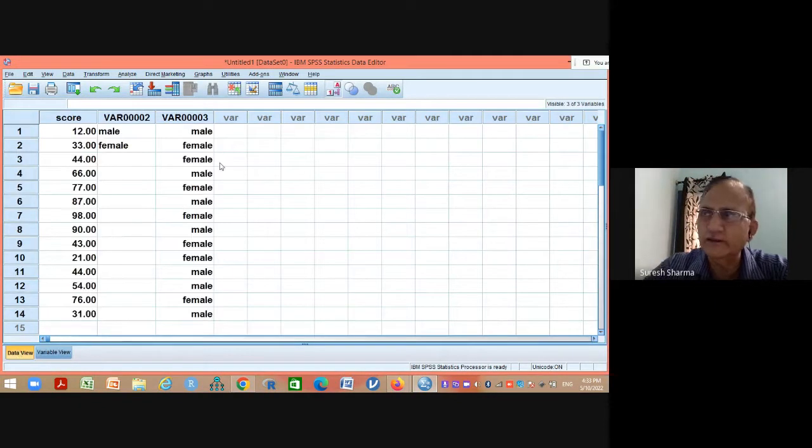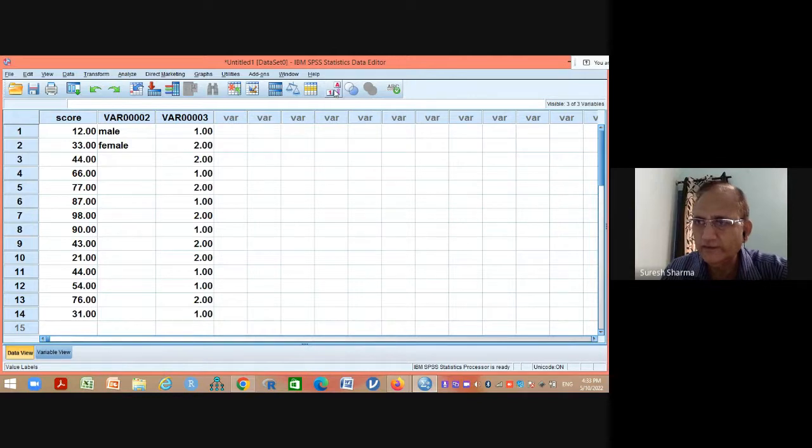You can see 1 is replaced with male and 2 has been replaced by female. Now, if I want to see what is 1 and 2, there is a toggle switch provided at the top. This is called the value label switch. If you press this, you can see 1 and 2. If you press this again, you can see male and female.